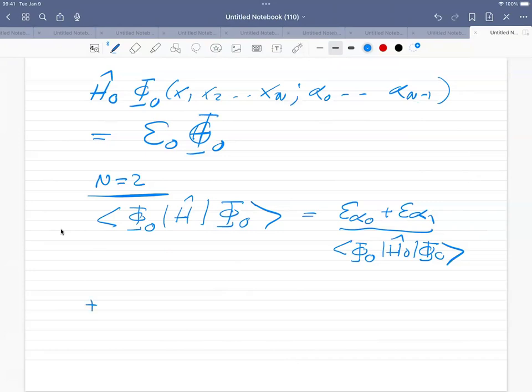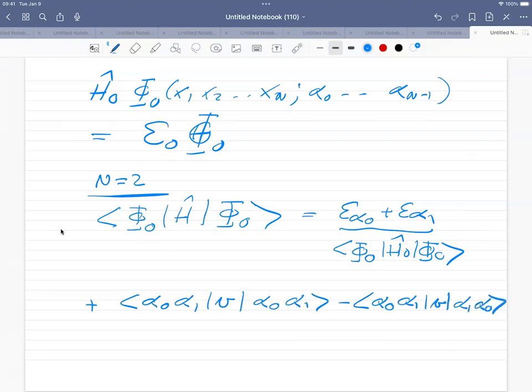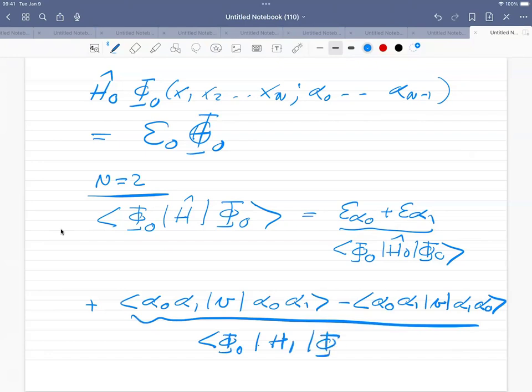So we would then have the expectation values in terms of these integrals, and then we have V and alpha 0, alpha 1 minus, and then we have what we call the exchange term, which follows from the Pauli principle. And this is the expectation value for the two-body case of phi 0 of H of I of phi 0.